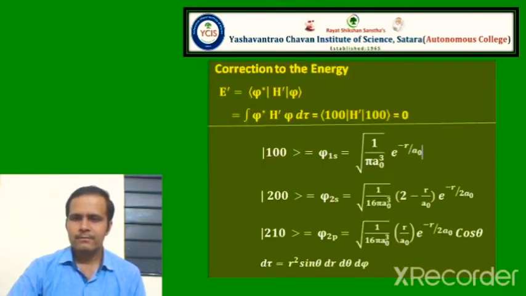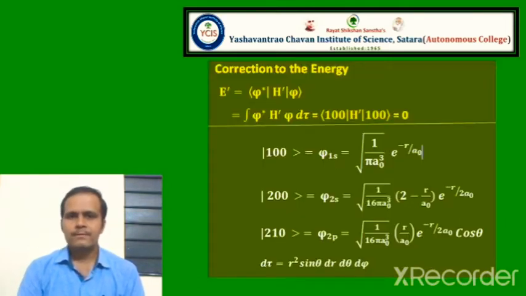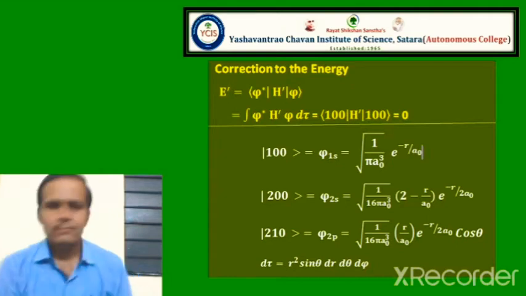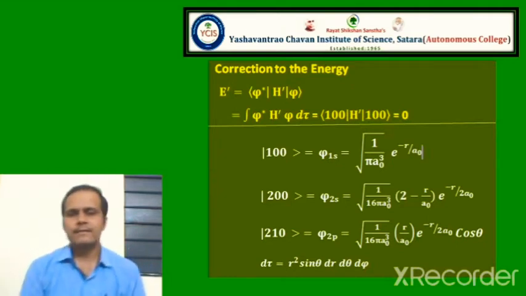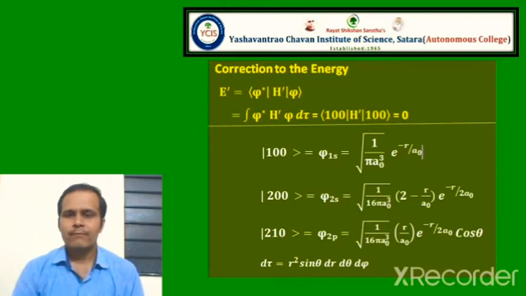Now here E dash will be equal to the integration of psi star H dash psi d tau, where we have the 100 state. So 100 means the 1s orbit, 1s level, and for the 1s orbit, 100 state, the wave function for hydrogen atom is square root of 1 upon pi a naught cube, e raised to minus r by a naught.